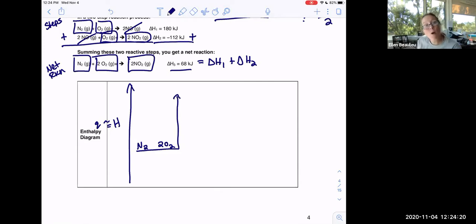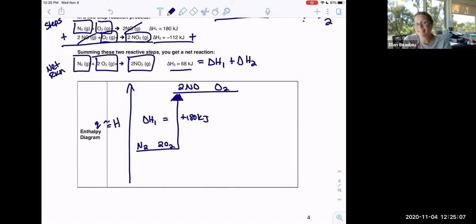I've got to add in 180 kilojoules of energy. If I put 180 kilojoules of energy into this system, then what overall has changed? I have taken that nitrogen molecule and one of those oxygen molecules, and I have formed 2 new NO gas molecules. But one of those oxygen molecules didn't react. So I still have that compound. Everybody with me so far?